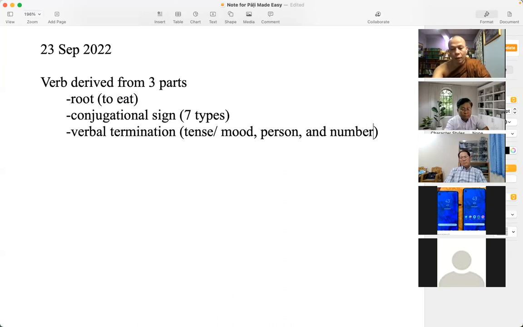Those are denoted by the verb termination. So basically, combining these 3 parts, we form the verb in Pali.